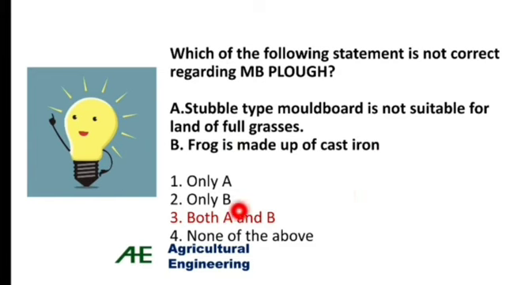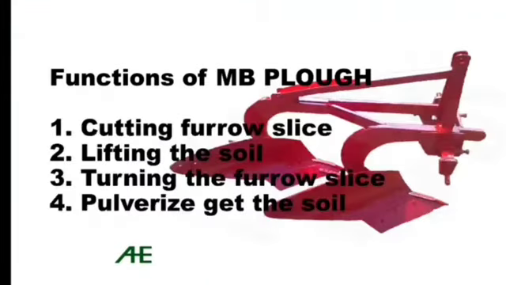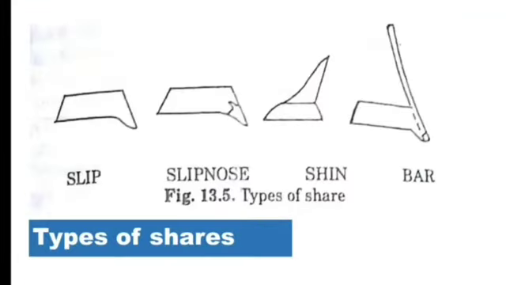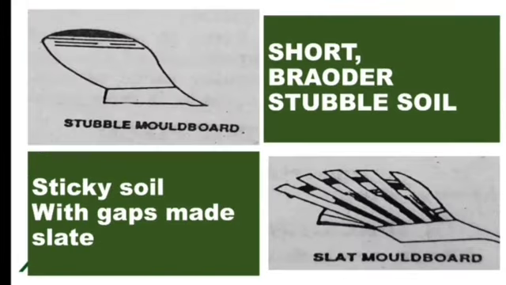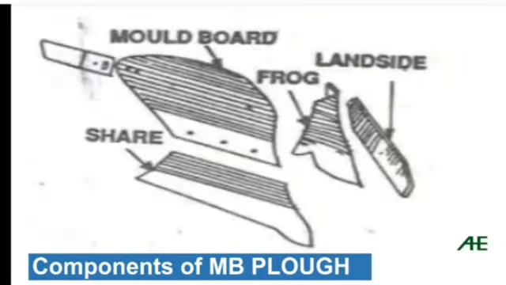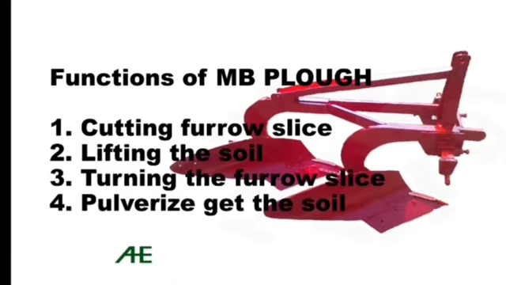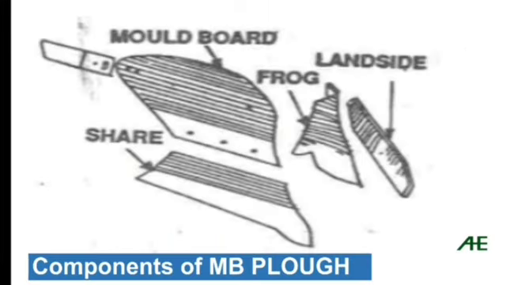Here both statements are not correct. Stubble type mold board is suitable for stubble soil, not grasses. As well as frog is not made up of cast iron.